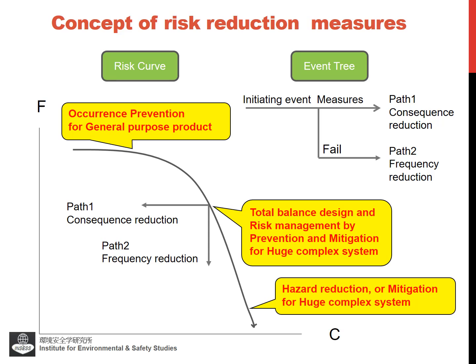The concept of risk reduction measures is illustrated here. The risk curve is drawn on this coordinate. Frequency can be reduced by preventing its occurrence, such as common cause prevention, and the consequences can be reduced by reducing the hazard itself or by installing a mitigating system, which is installed from the start.